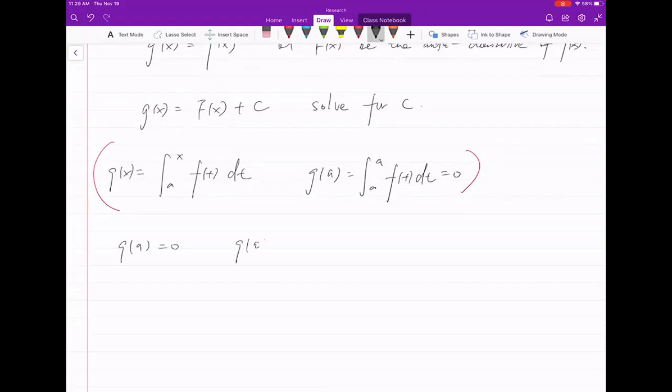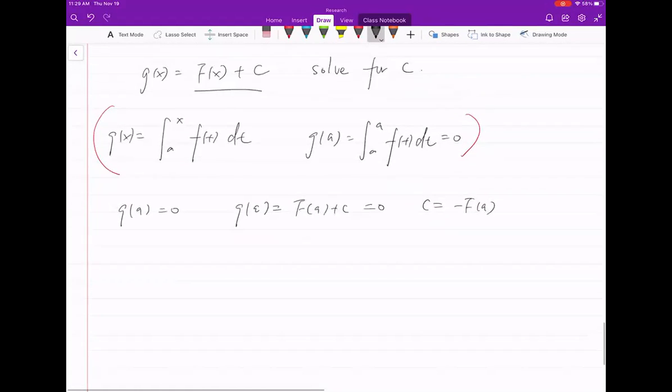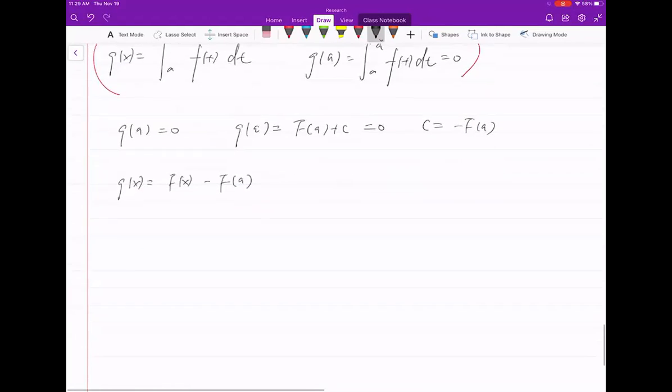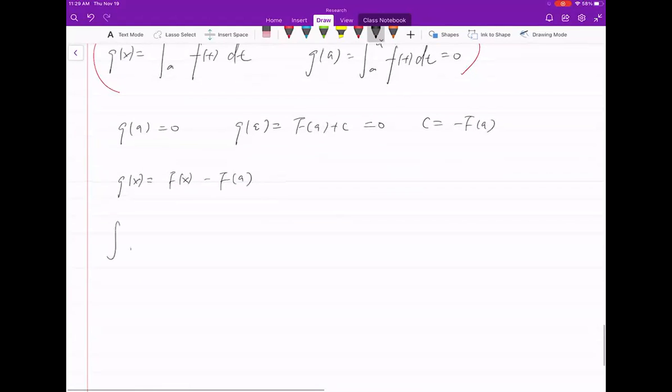Then that means g(a), which is F(a) plus C, equals 0. That tells you C equals negative F(a). All right, then g(x), not only do I know it's F(x), I also know the constant C, which is negative F(a). Now, what is this? It is g(b). It is F(b) minus F(a).